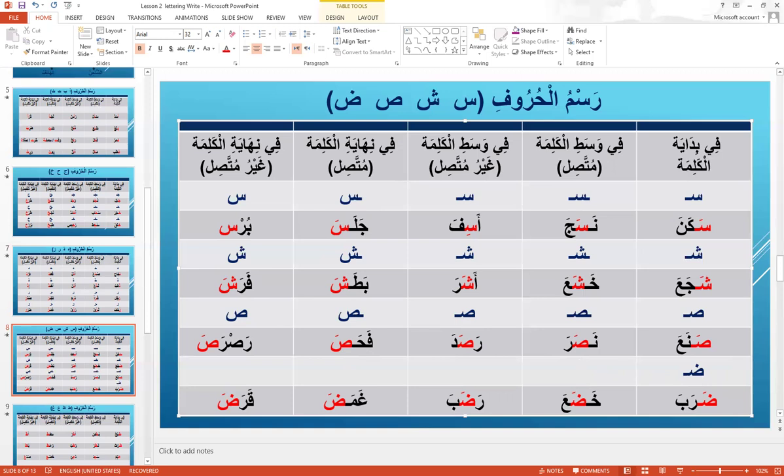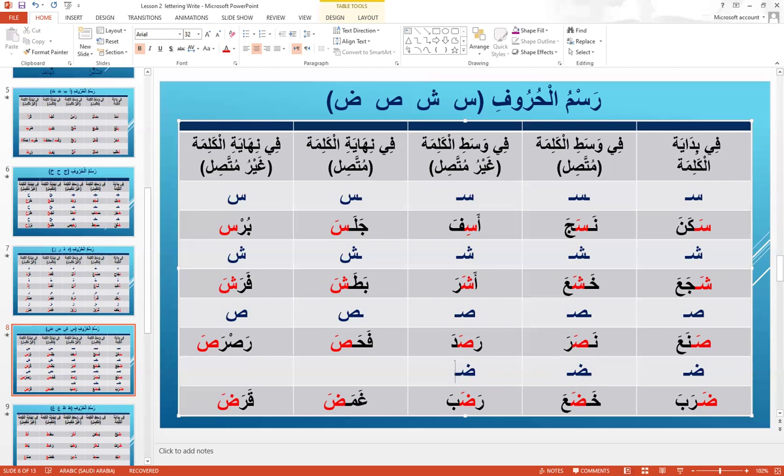Dod في وسط الكلمة is going to be written like this. متصل, so we have the connection on both sides. So Dod في وسط الكلمة غير متصل. So Dod is going to be written like this.